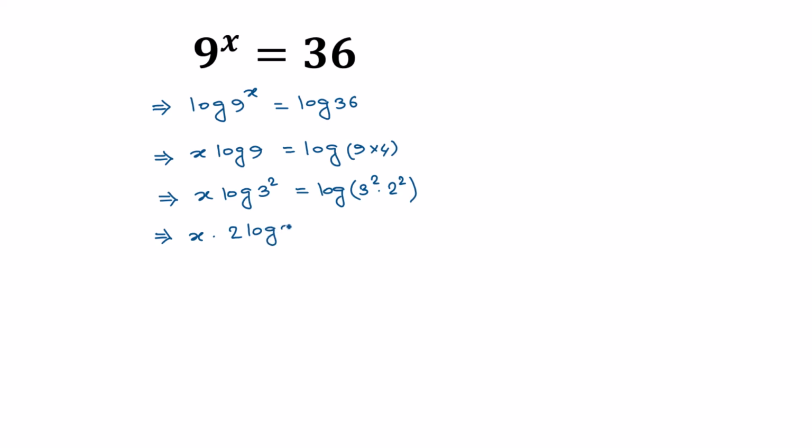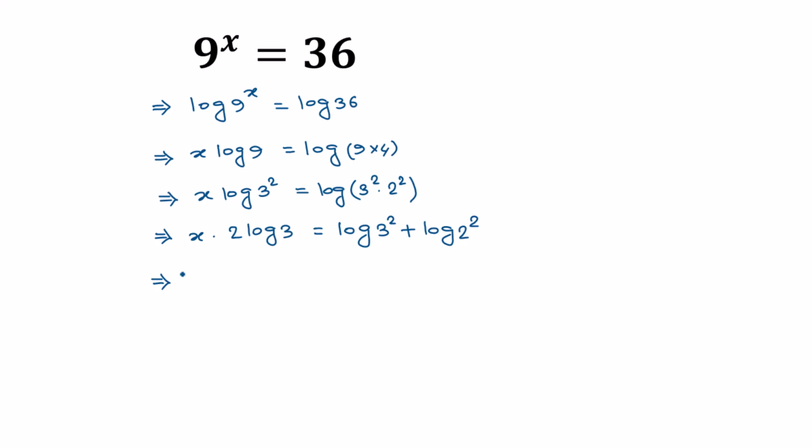Log of 3 is equal to, applying the formula log of a times b is equal to log of a plus log of b, we can write log of 3 square plus log of 2 square.